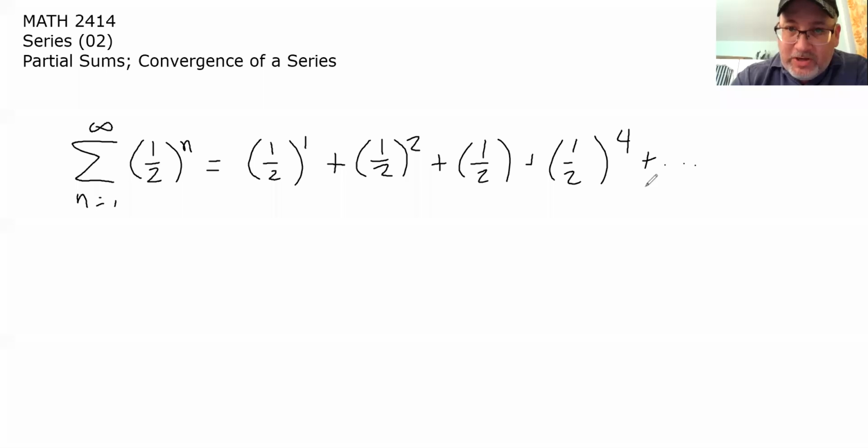So in theory, we can't actually add an infinite number of things. So what do we do? Well, in order to examine if an infinite series will converge, we have to first look at what are called partial sums.